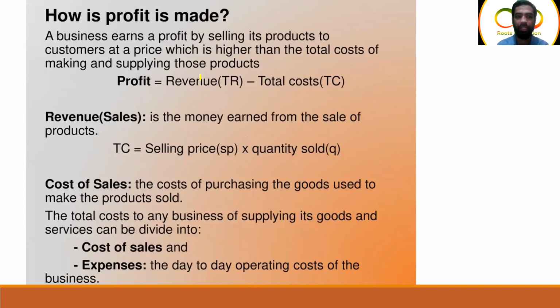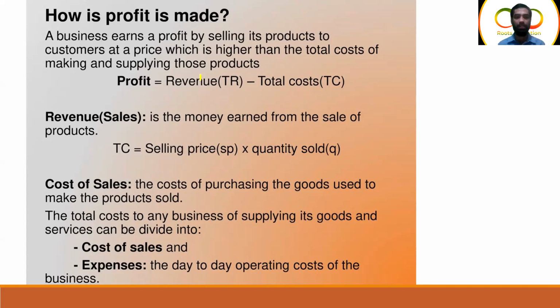So before we have seen that profit is the total revenue minus total costs, and these are the ways we calculate the profit in the income statement as well. And the revenue is the multiplication of the quantities of products sold and the selling price. When we multiply them, we get the total sales.